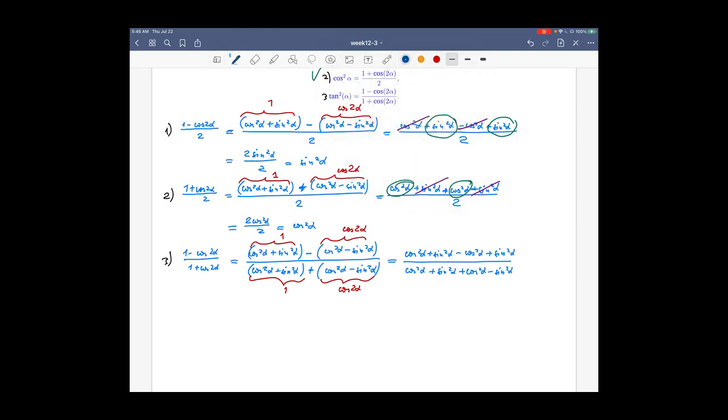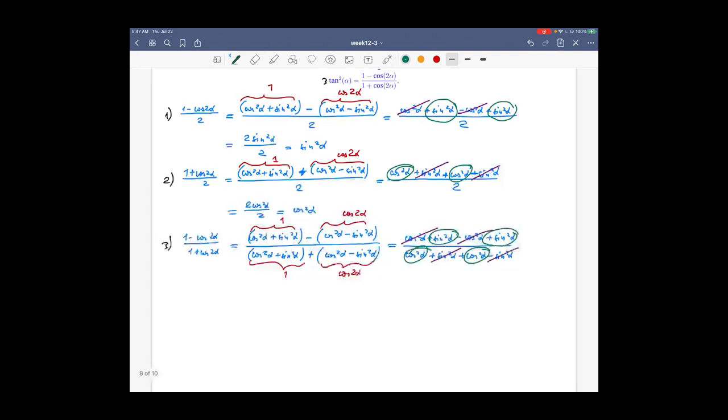In the numerator, cosine squared and negative cosine squared cancel out. In the denominator, sine squared and negative sine squared cancel out. On top of that, we have sine squared alpha, like terms in the numerator, and the like terms in the denominator are cosine squared alpha.